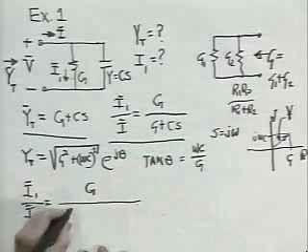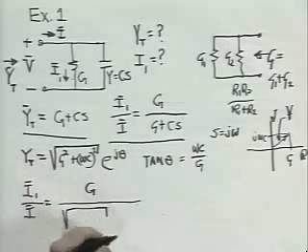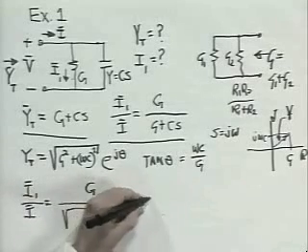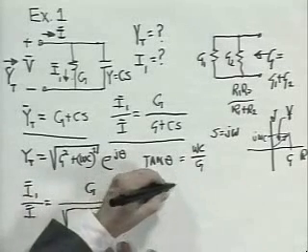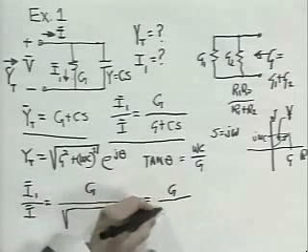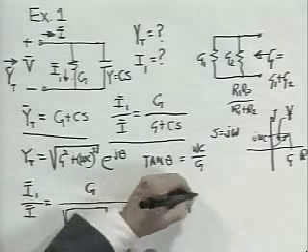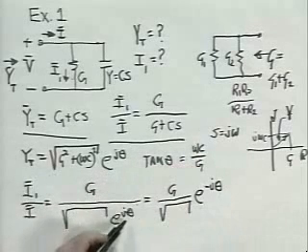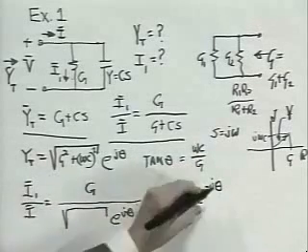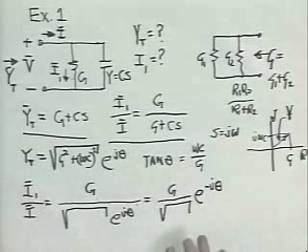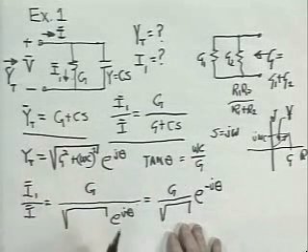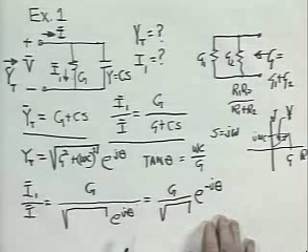So it's G divided by the square root, I won't repeat it, e to the j theta, or getting it all into the numerator, it's G divided by the radical times e to the minus j theta. Remember, if I take an exponential from the denominator to the numerator, I change the sign. So here is the ratio of complex amplitudes, the current division ratio, if you will, in this circuit, expressed in polar form.